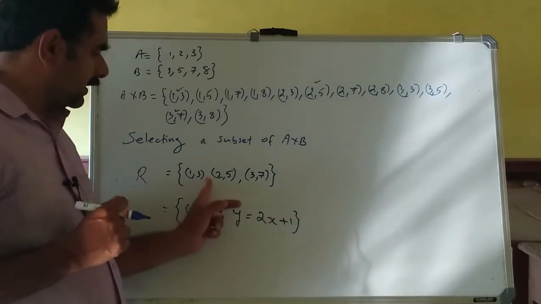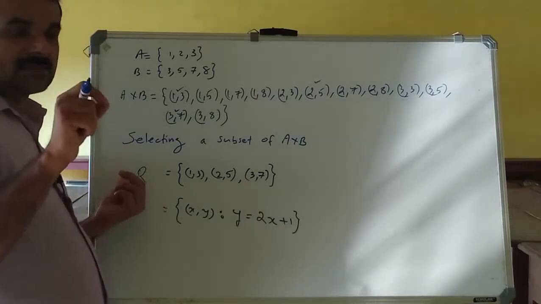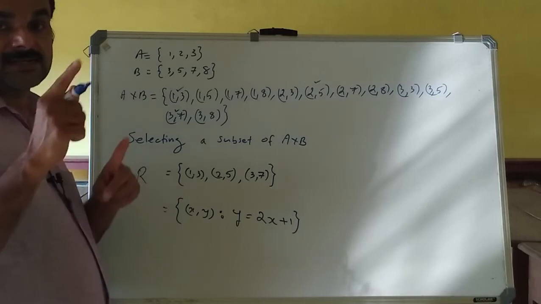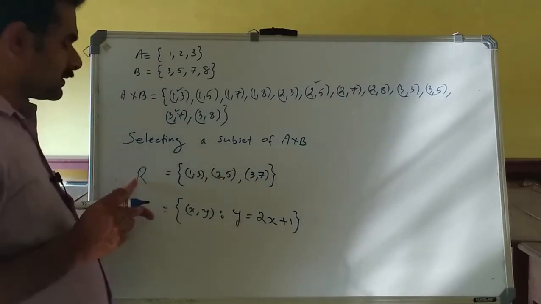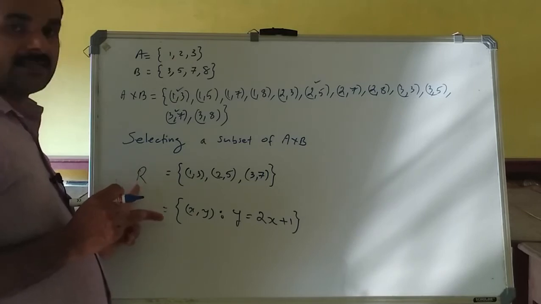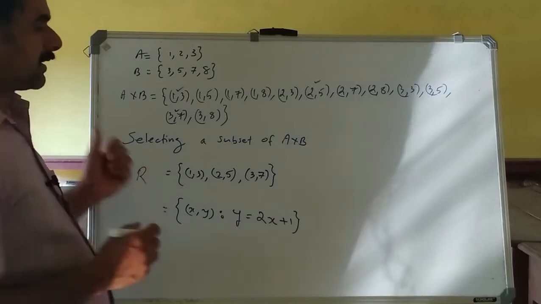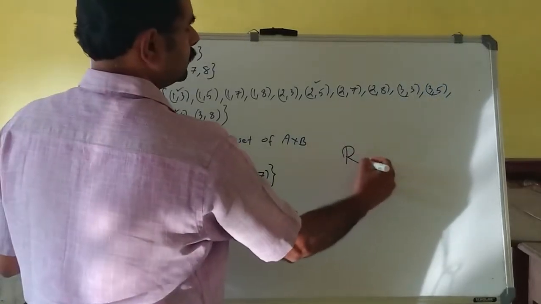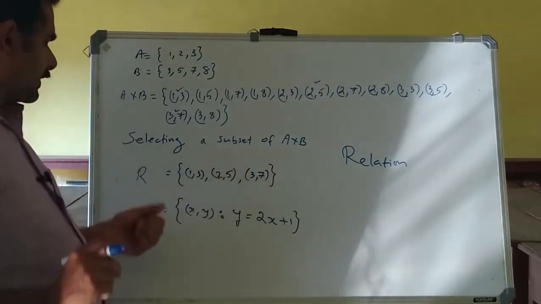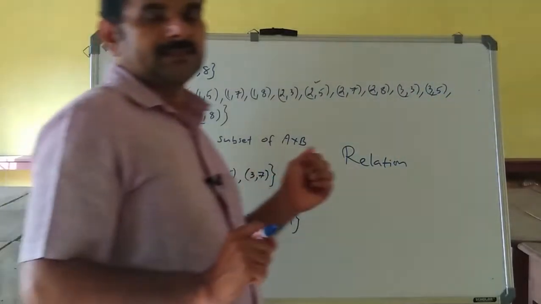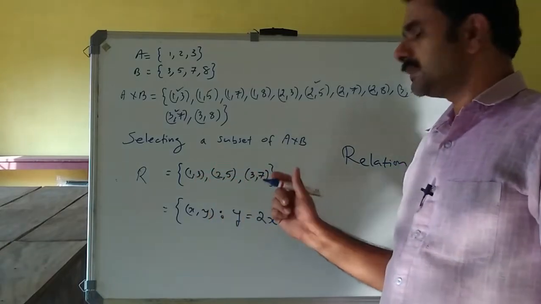So this set is named as what? Capital R. What is the name of this chapter? Relations and functions. This is the relation. Therefore, this R is represented as the relation. Relation R is equal to {(1, 3), (2, 5), (3, 7)}.